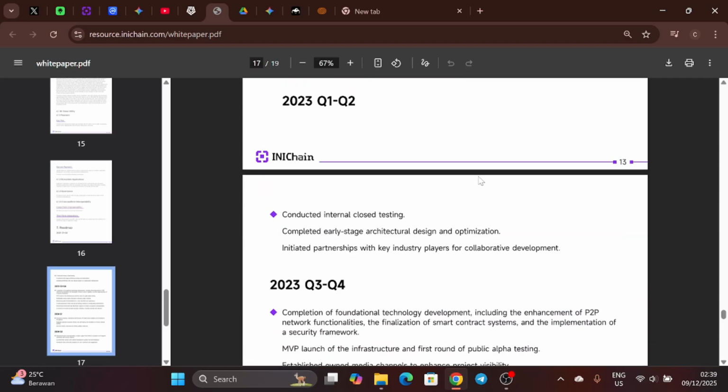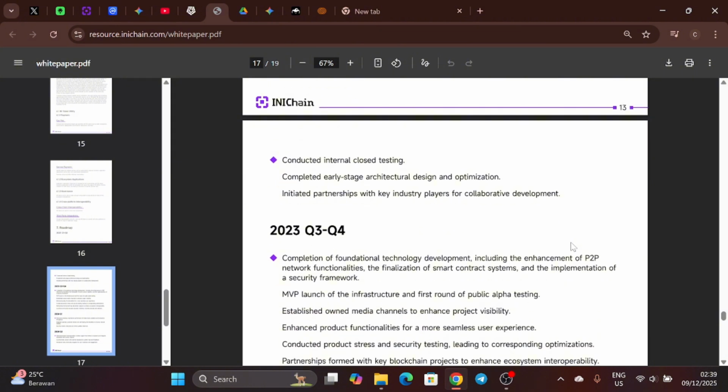It started from Q1 and Q2: conduct internal testing, complete early-stage architecture design and optimization, and initiate partnerships with key industry players for collaborative development.